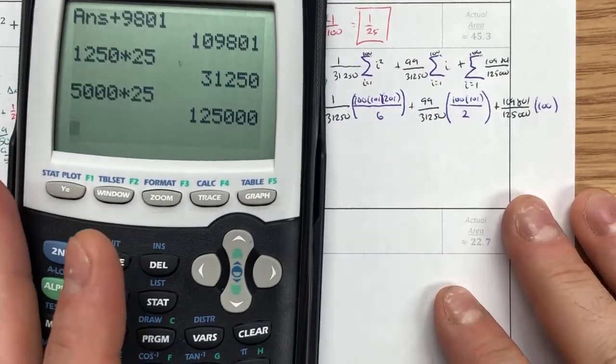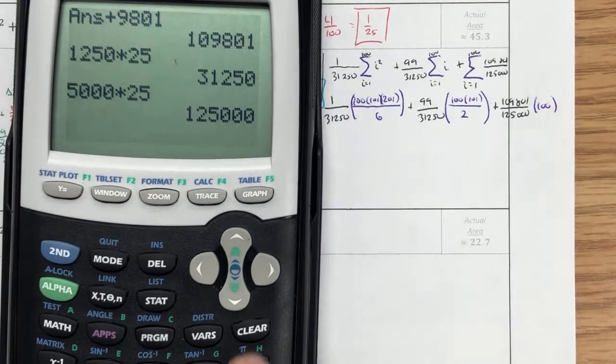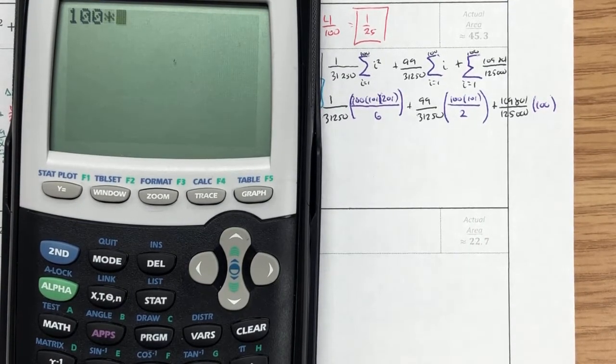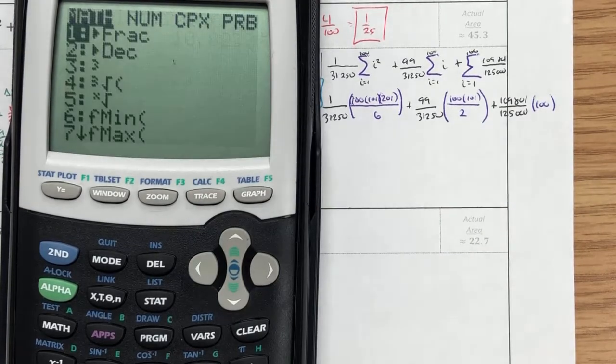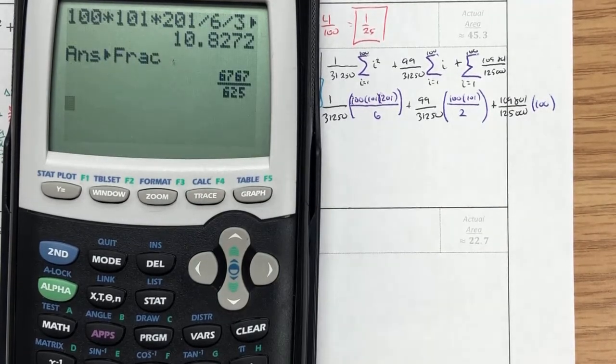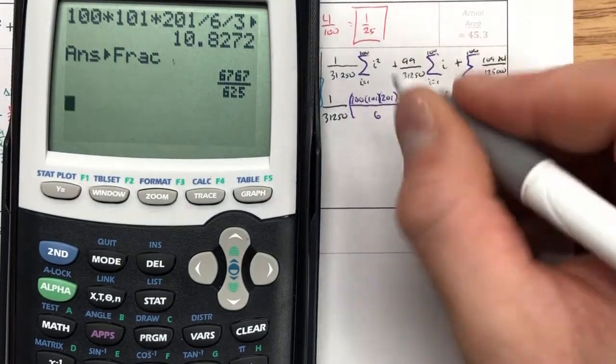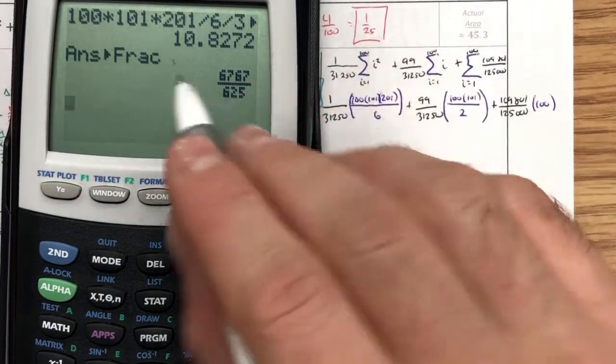Okay. So we have, let's clear this, 100 times 101 times 201 divided by 6 divided by 31250. Is that a fraction? Yeah. We're going to leave it as a fraction.